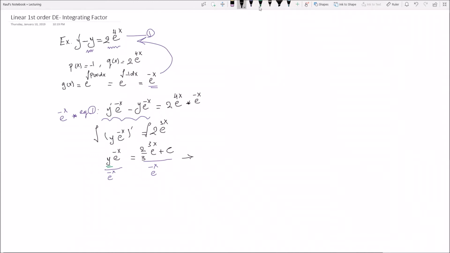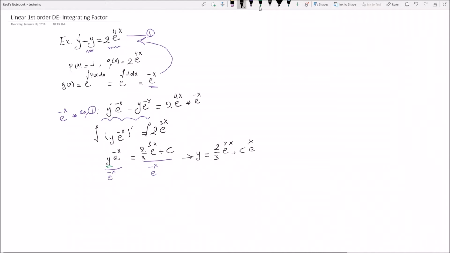So we get y equals 2 divided by 3 e to the power 3x plus c e to the power x. And that's our solution.